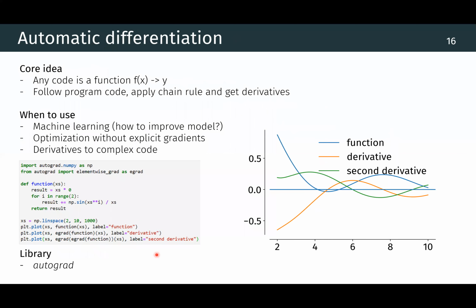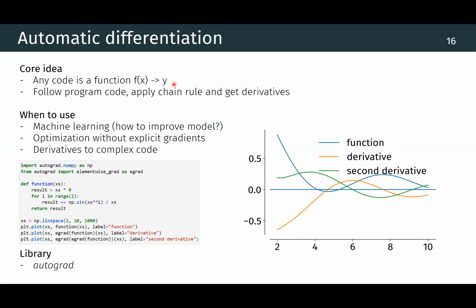Another concept I would like to show is automatic differentiation. The central idea is that any code you write is just a function. It takes some arguments and it gives some answer. That's exactly the definition of what a function is.